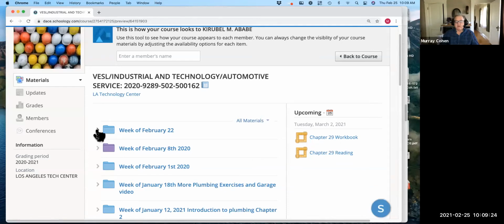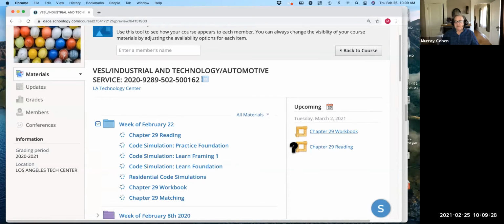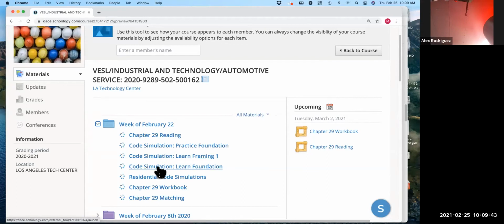I'm going to open this folder and look in here too. Here's the reading right here. Here's the workbook right here. There are some other things in here that you can do if you want to, and they're sort of interesting.